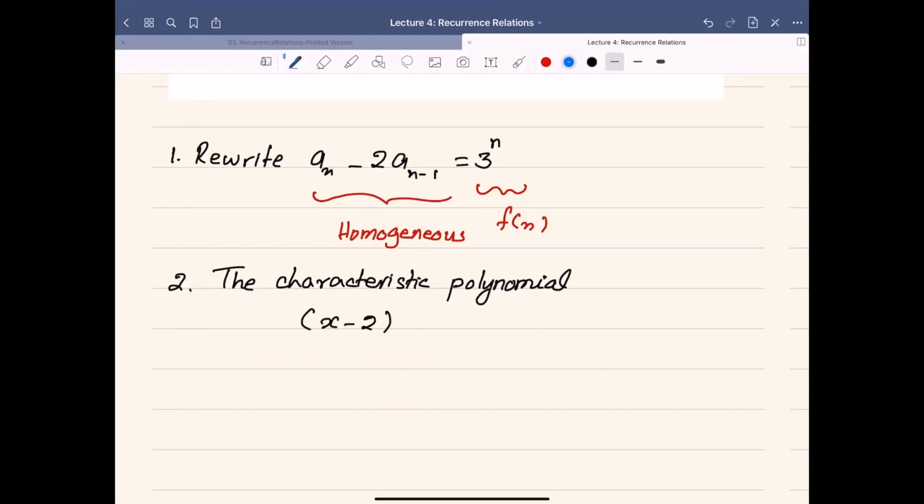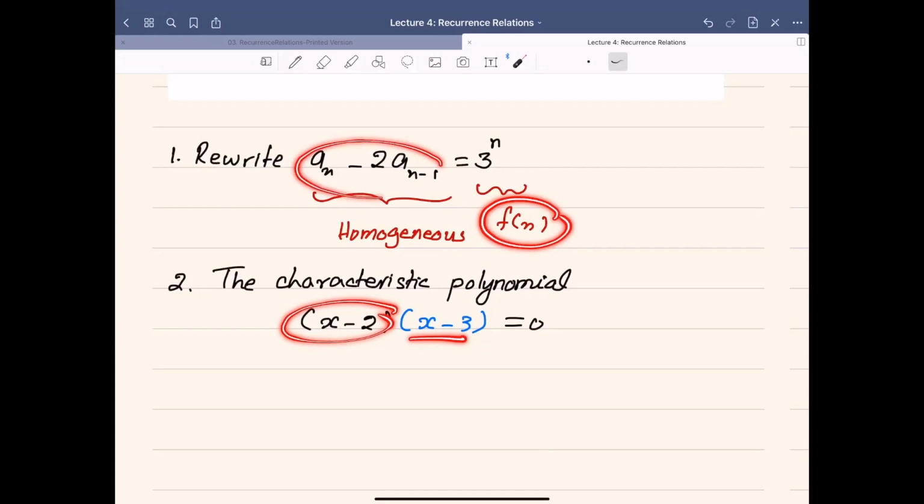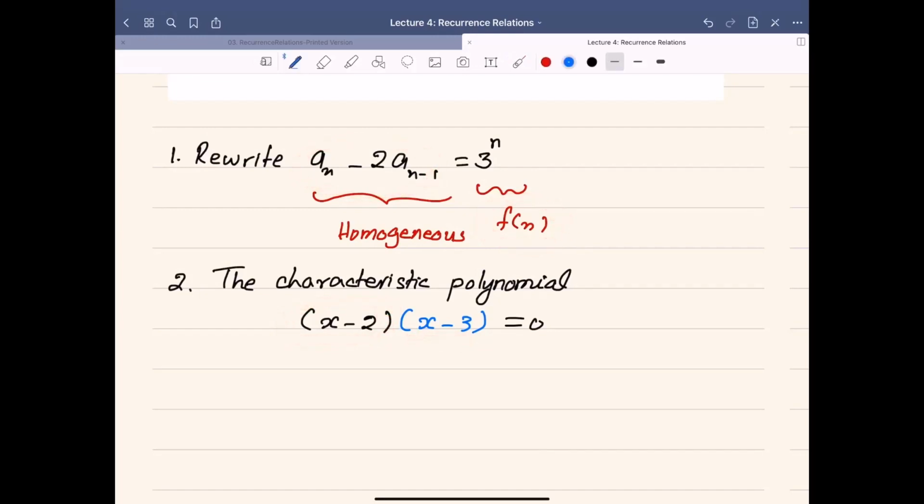And the second one will be obtained from f of n, and this is x minus 3 equal to 0. So this is the root obtained from f of n, and this is the root obtained from the homogeneous part. The roots are r1 is equal to 2 and r2 is equal to 3.